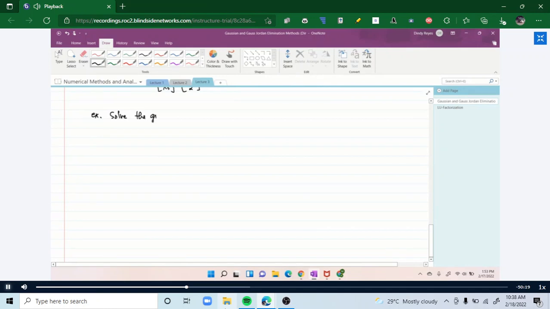So the given system of linear equations using Gauss-Jordan elimination.